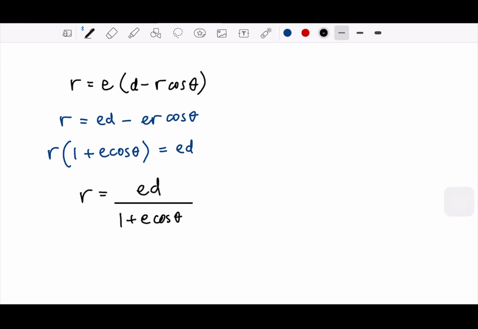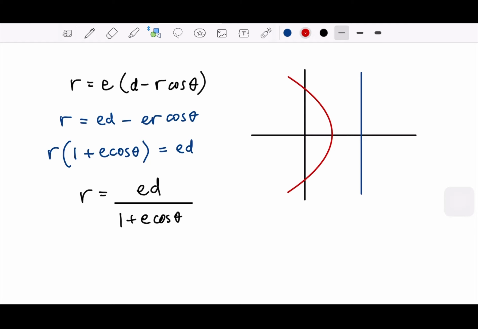We know that this came from these visuals, right? So the directrix on the right, and then we have this maybe around here, maybe changed a little bit. Okay, so this is the directrix, this is the conic, and this is the focus, right? This is our visuals from the previous slides.